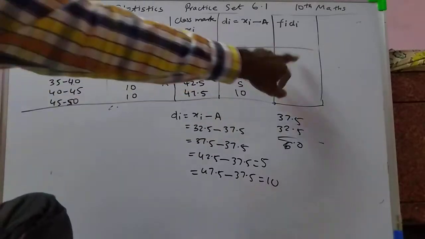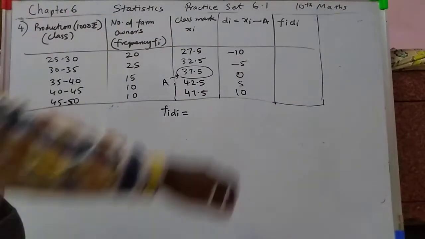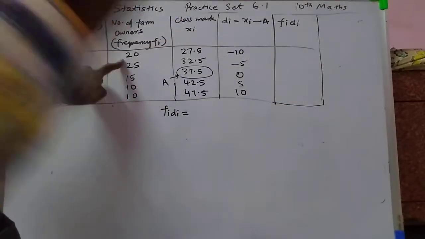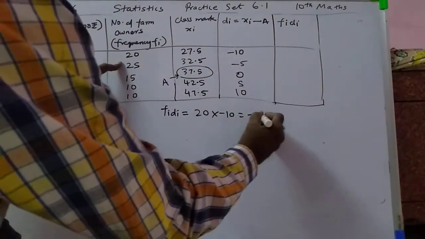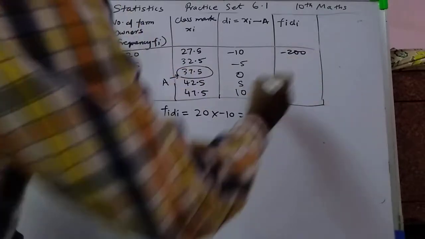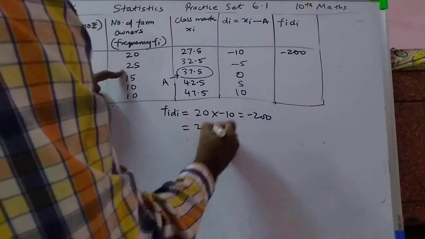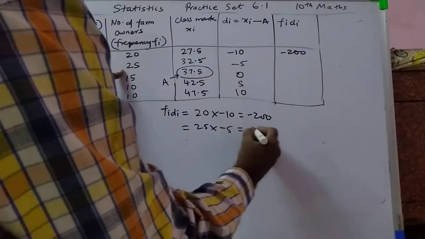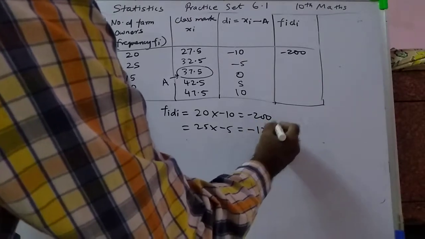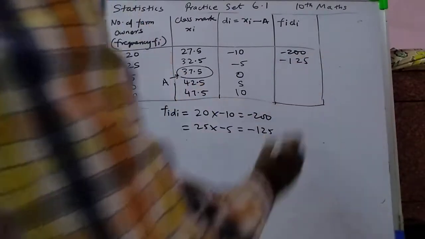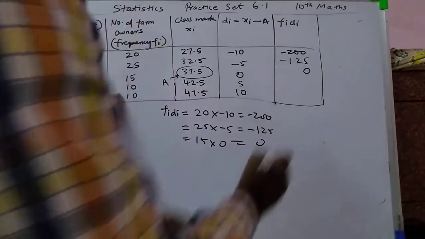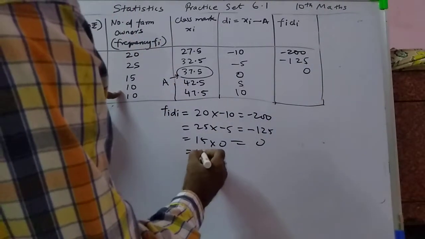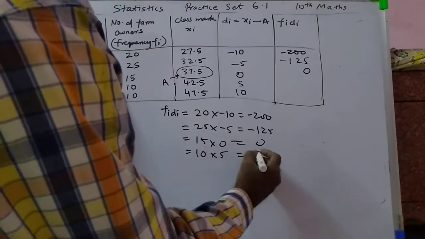Now I have to calculate fi di. fi is this: 20 into di minus 10, minus 200. 25 into minus 5, minus 125. And 15 into 0, 0. And 10 into 5, that is 50.